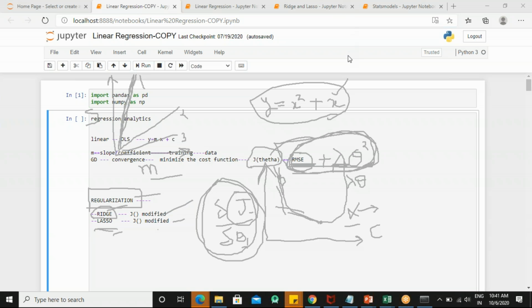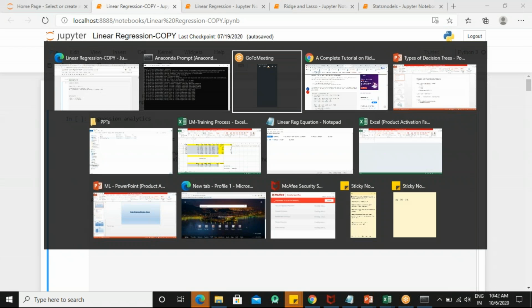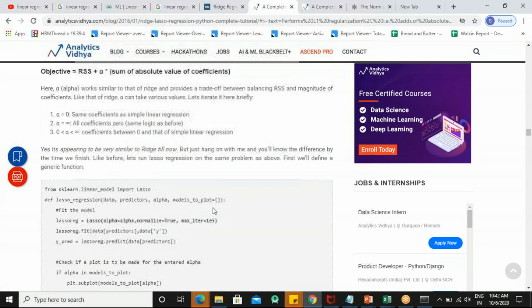So these are some of the important hyperparameters you need to be aware of. Let me tell you certain formulae before we jump into this.